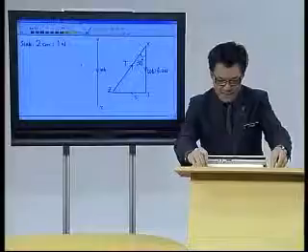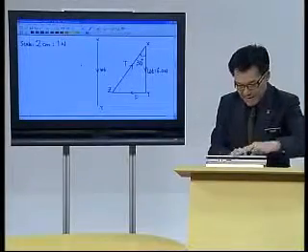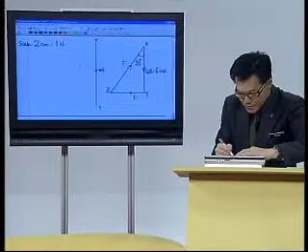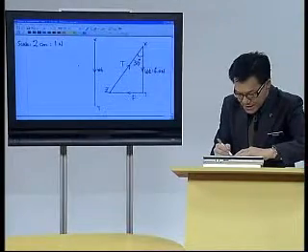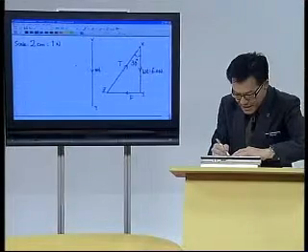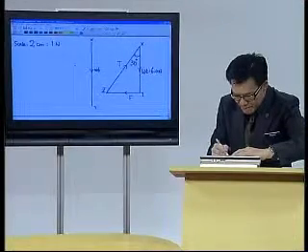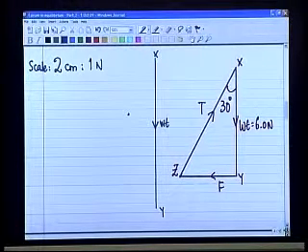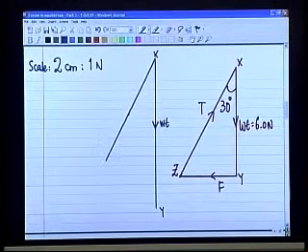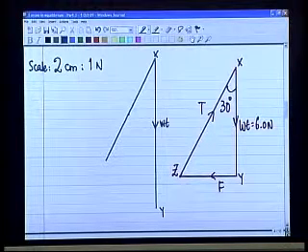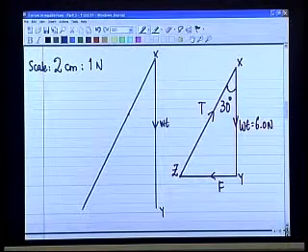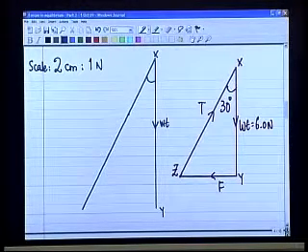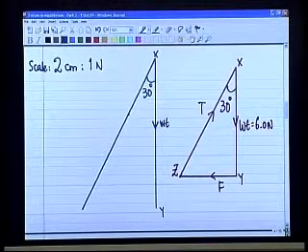Very good, so I've got 30 degrees. From X, I will draw a line. You should be doing the same in your exercise book. So I mark this 30 degrees.